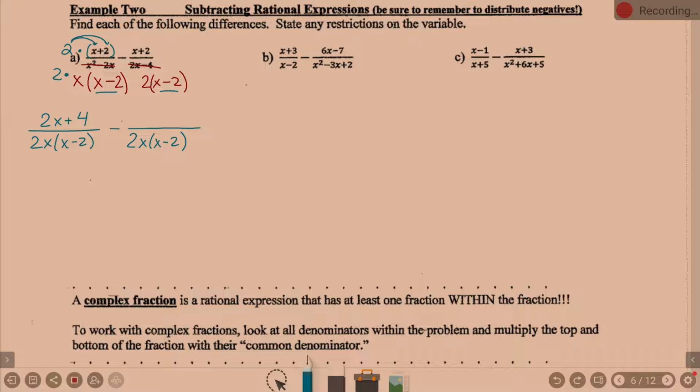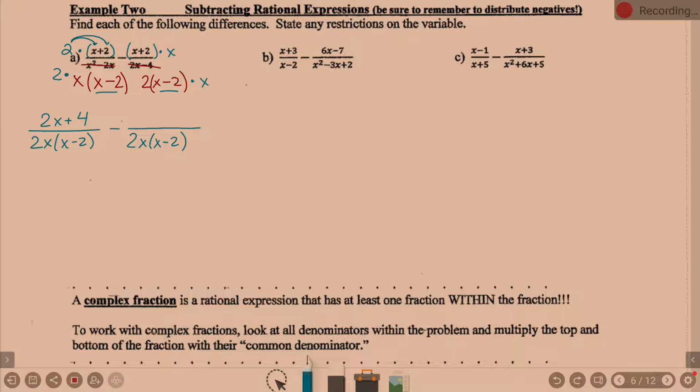Same type of thought process on the second fraction. What is my denominator missing from the common denominator? An x, right? It has the 2. It has the x minus 2. And I'm just going to tag it on back here. It's missing an x. So what do I have to do up here? We have to multiply by x.